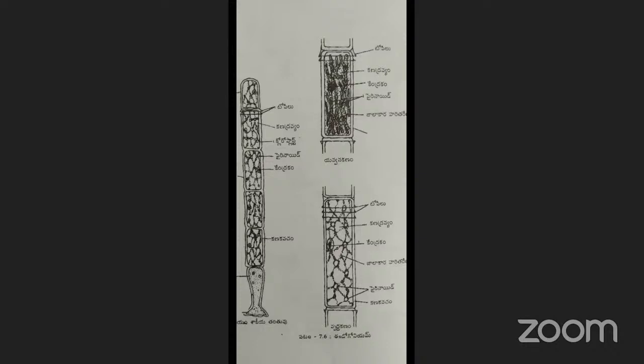The filament of Oedogonium is unbranched and exhibits polarity. The filament consists of a row of cylindrical cells except the basal cell, which is colorless and attached to the substratum.